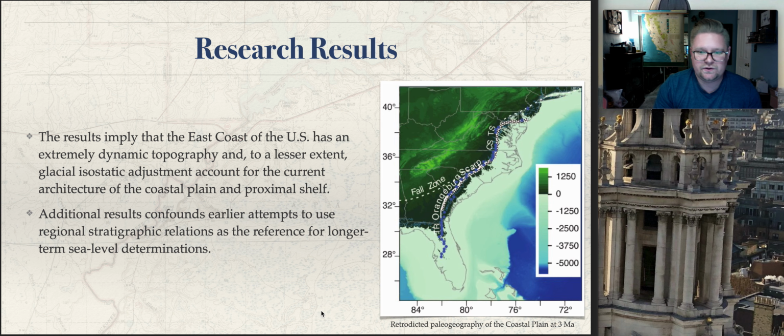Taking into consideration the fact that we do have a continental shelf that wraps around. Additional results confound earlier attempts to use regional stratigraphic relations as the reference for longer term sea level determinations.